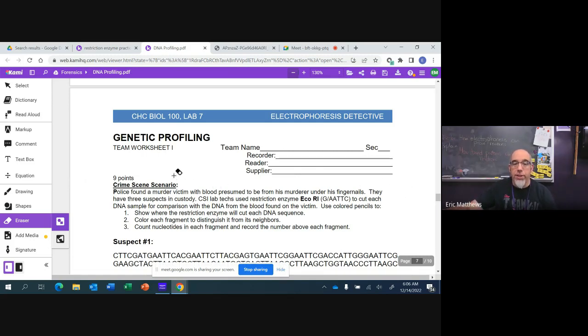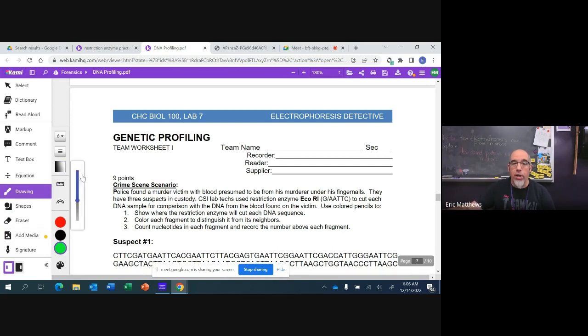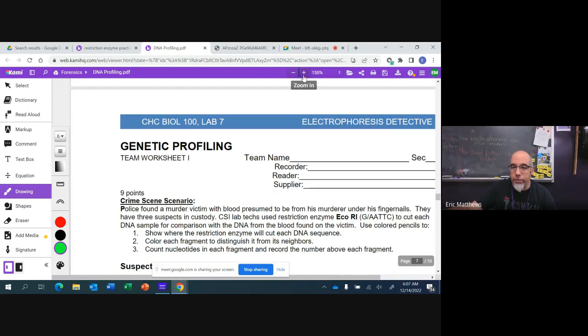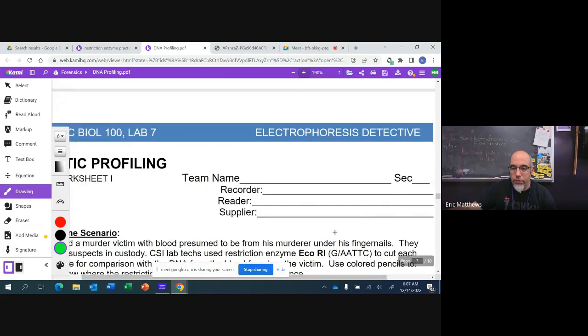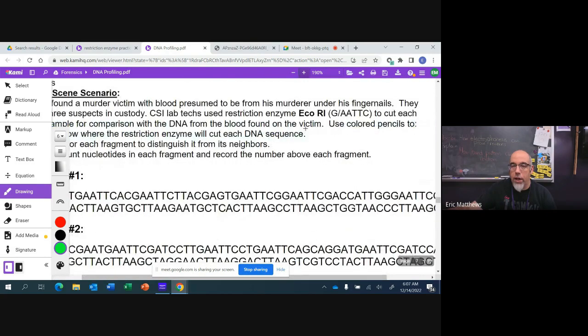Now, for this, we're going to start off doing something that we have done many times before, but I want to point out one particular bit of it. Come on. There we go. And that being this part right here. Let me zoom in. All right.